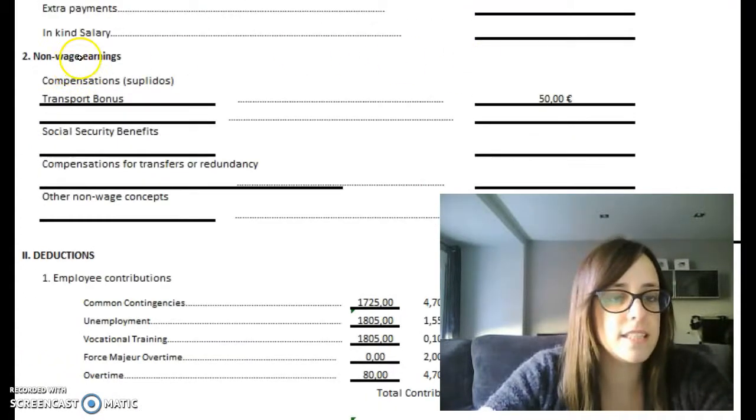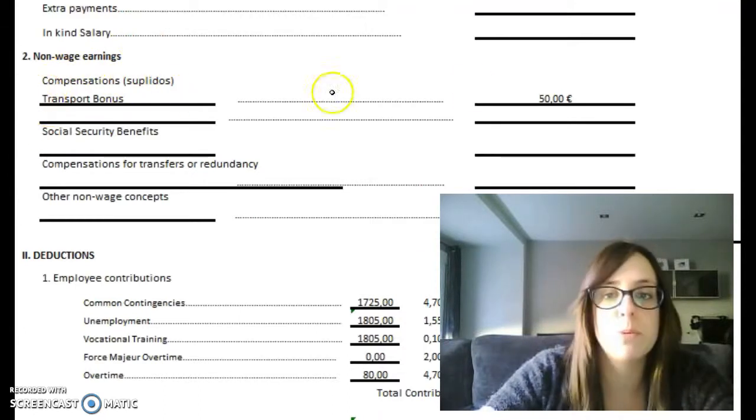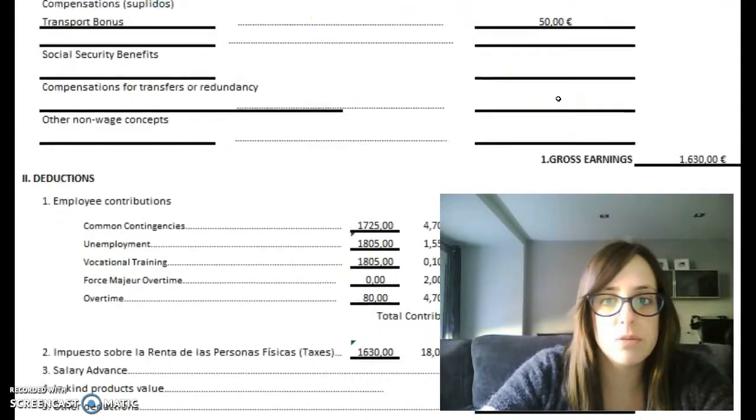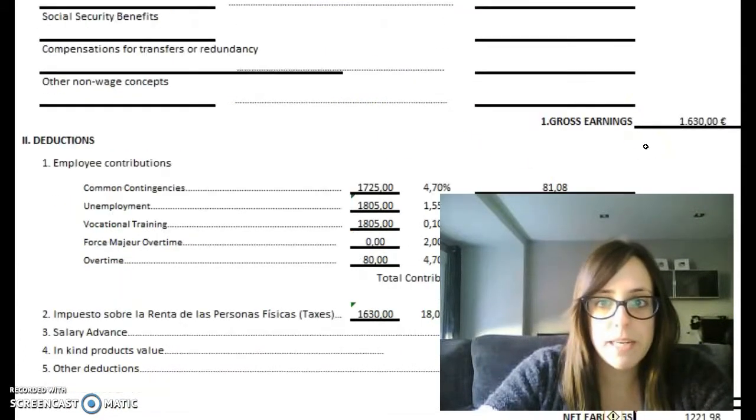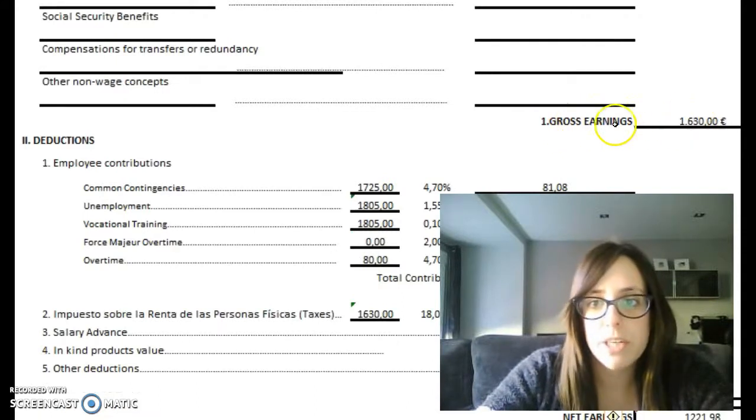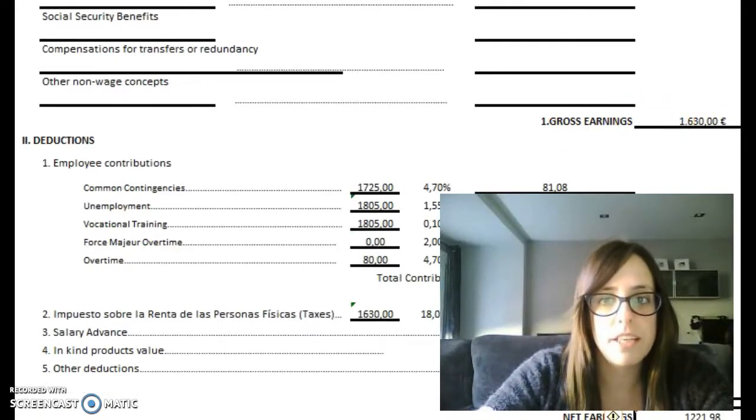And the non-wage earnings we have only the transport bonus, 50 euros. And plus, the gross earnings we have 1630 euros.